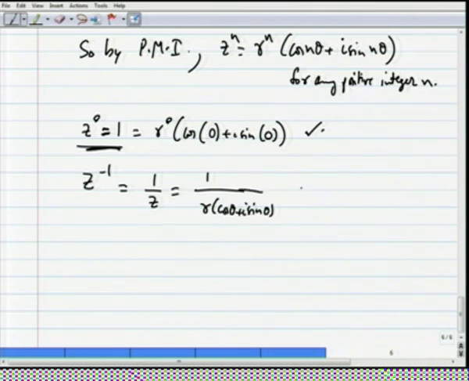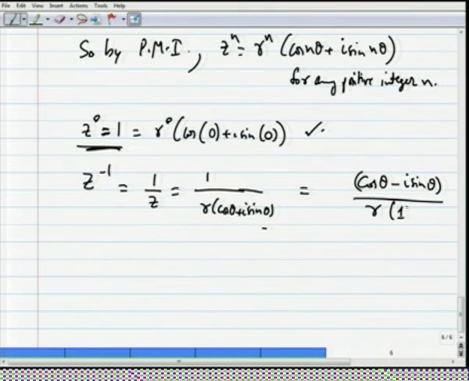and by multiplying and dividing by cosine θ minus i sin θ, we get r in the denominator. So, cosine θ plus i sin θ times cosine θ minus i sin θ gives you cosine squared plus sine squared.